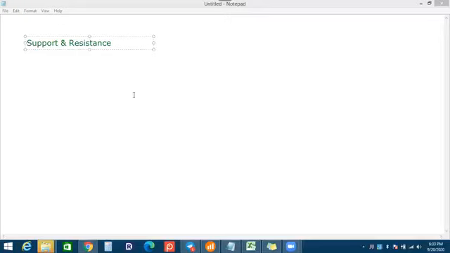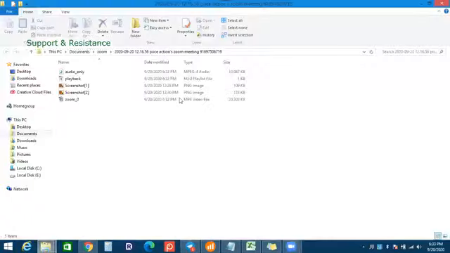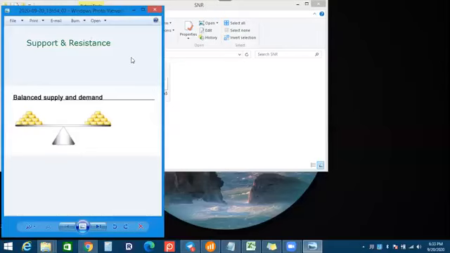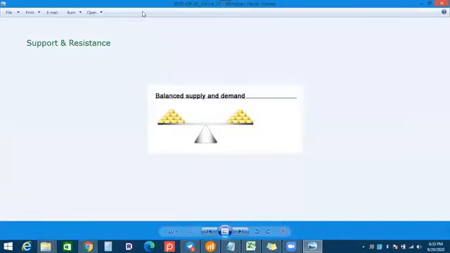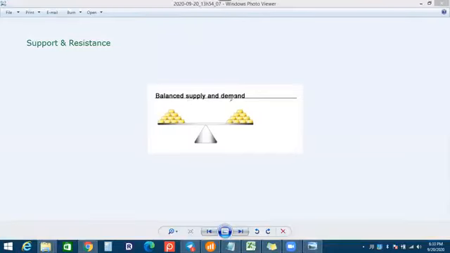How can we understand supply and demand? There are some pictures I want to show you so that you clear your mind about supply and demand, what it is, and how trends are created. So look here. It's suggesting that supply and demand are in balance. The supply and demand are equal.